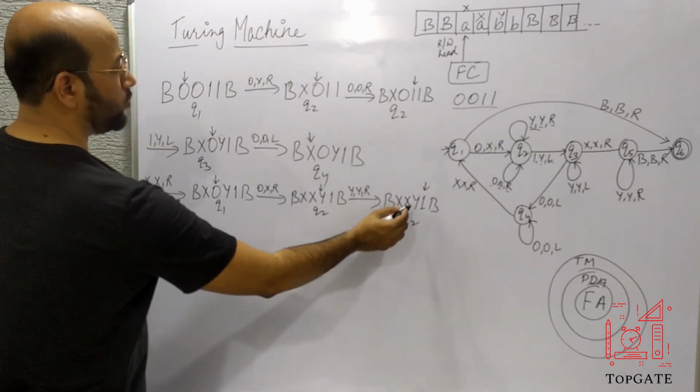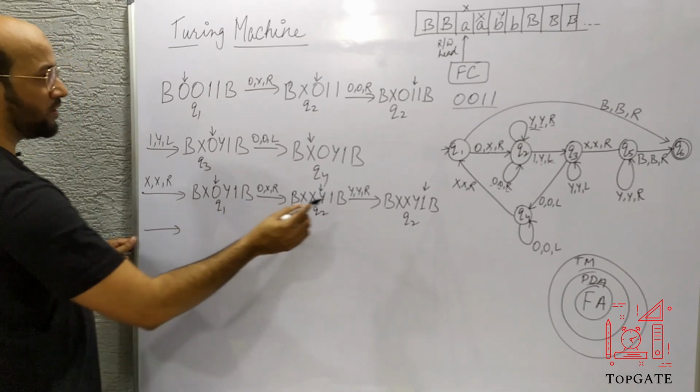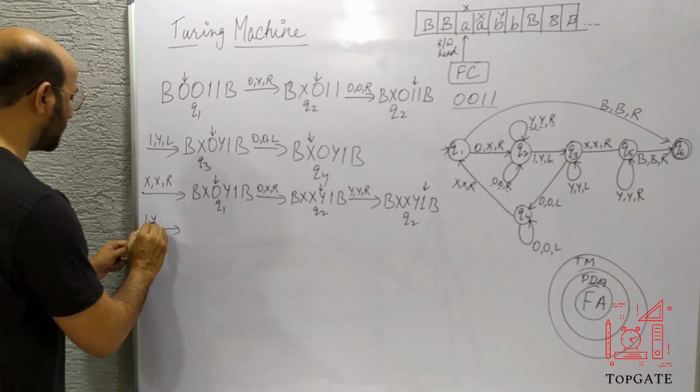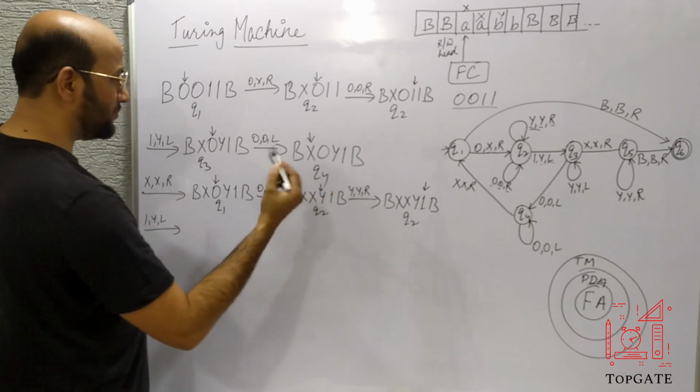Now at Q2 input for 1, you have this transition 1 comma Y comma L, so I'll write 1 comma Y comma L, and that is 1 should be changed to Y this time.